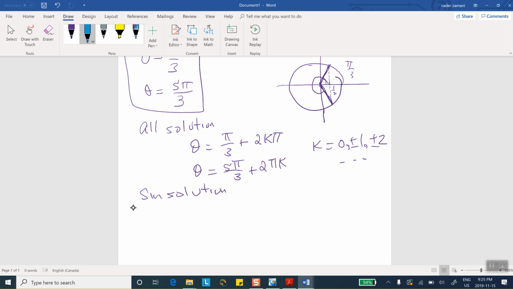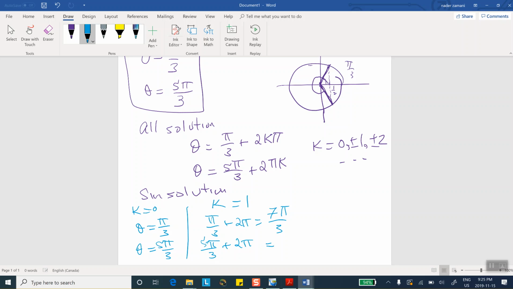For example, let me say k equal to 0 here. Obviously, theta is going to be pi over 3, and theta is going to be 5 pi over 3, the original ones that I've got. K equal to 1, so it's going to be pi over 3 plus 2 pi, which is 7 pi over 3, and 5 pi over 3 plus 2 pi, which is 11 pi over 3.